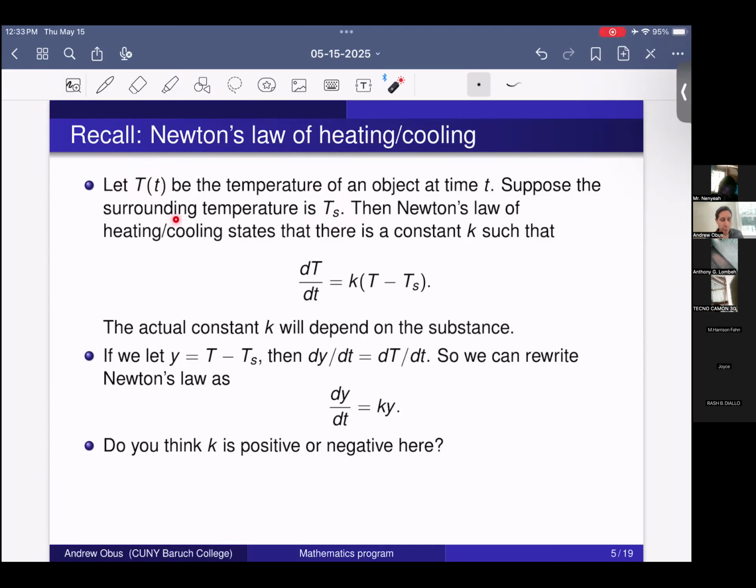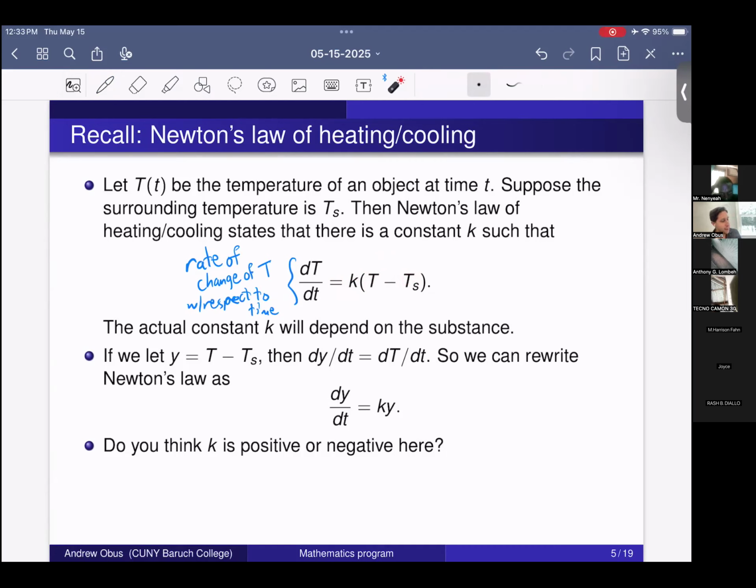What Newton's law of heating and cooling says is that there's a constant k so that dT/dt, again remember, it's a rate of change of T with respect to time, is equal to some constant times the difference between the temperature of the object and the temperature of the surroundings.